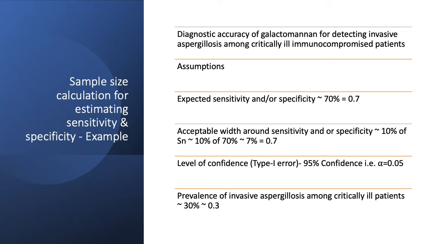Our acceptable width around sensitivity and specificity is 10% of the sensitivity. It should not be more than 20% of the estimate, otherwise it will land up in a very wide estimate, right? And the level of confidence assumed is 95%. And let us say prevalence of invasive aspergillosis among critically ill patients is 30%. Right.